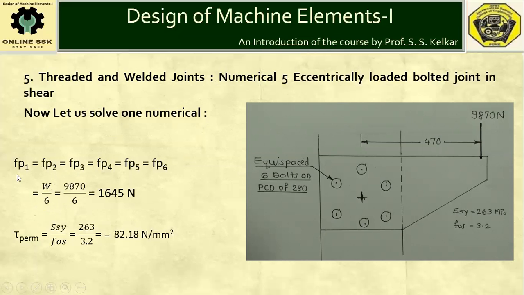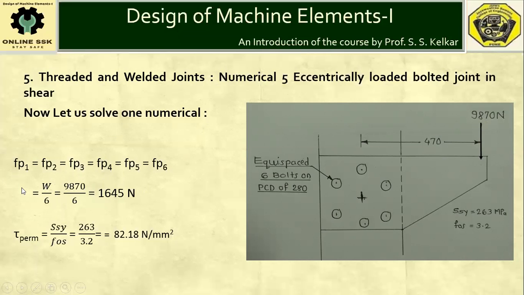Therefore the primary force, which will be the same at each and every bolt, Fp1 the same as Fp2, Fp3, up to Fp6, is given by W upon Z. Here W is the externally applied load, in this particular case 9870, so 9870 divided by 6.